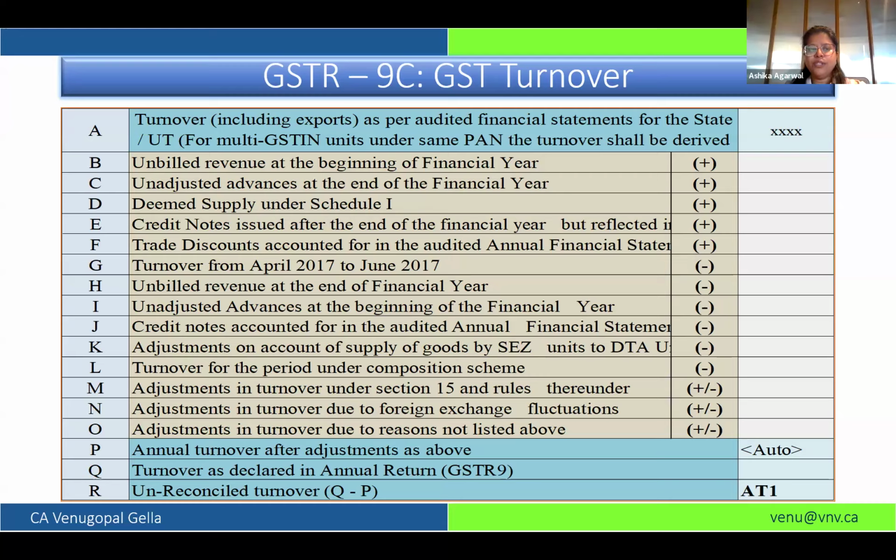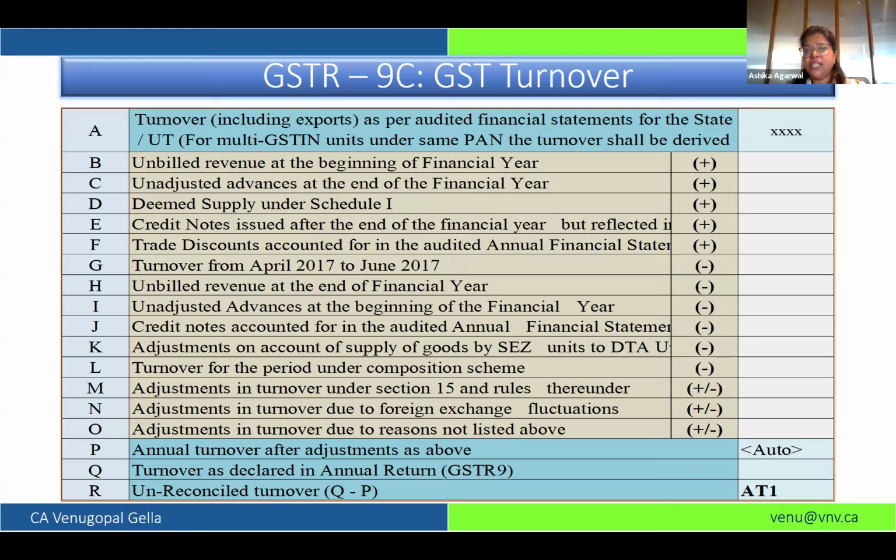Now I discussed B, C, D, E, F and all the things there. But as per the instructions, all of these tables are optional. So the option has been given whether you want to report separately or report everything at one place, that is 5O. But the department has also become educated.